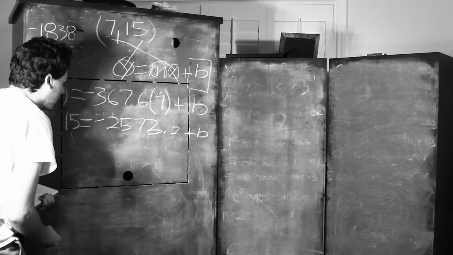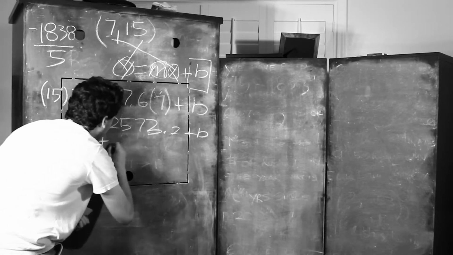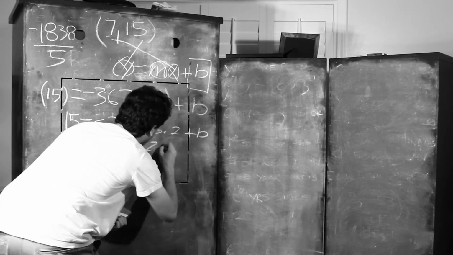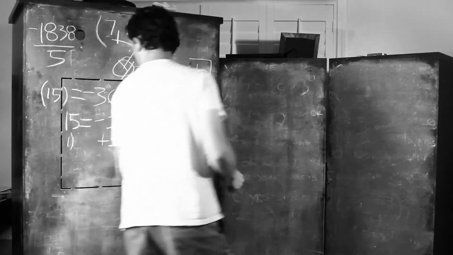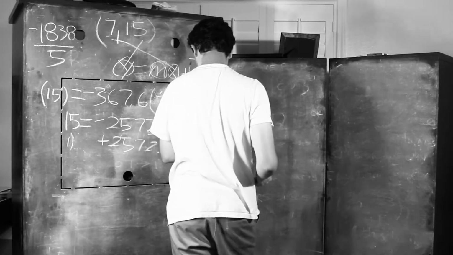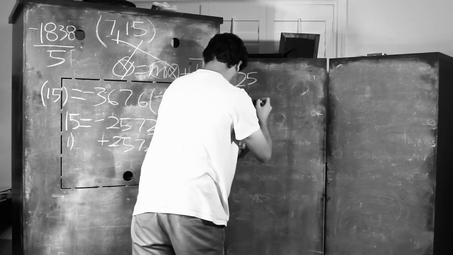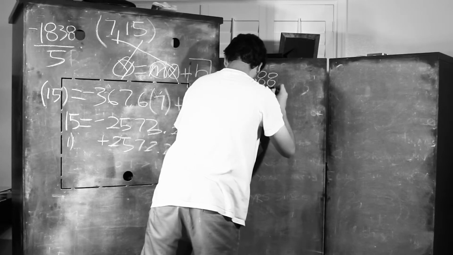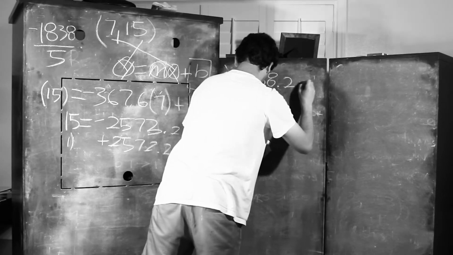Then we simply add, because we have a negative here, 2573.2, and we do the same thing over here. When we're done, 2588.2 equals b.